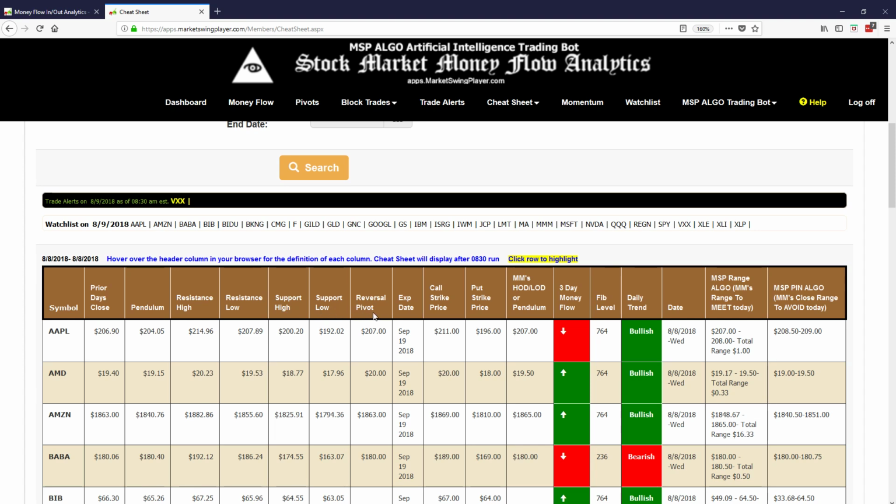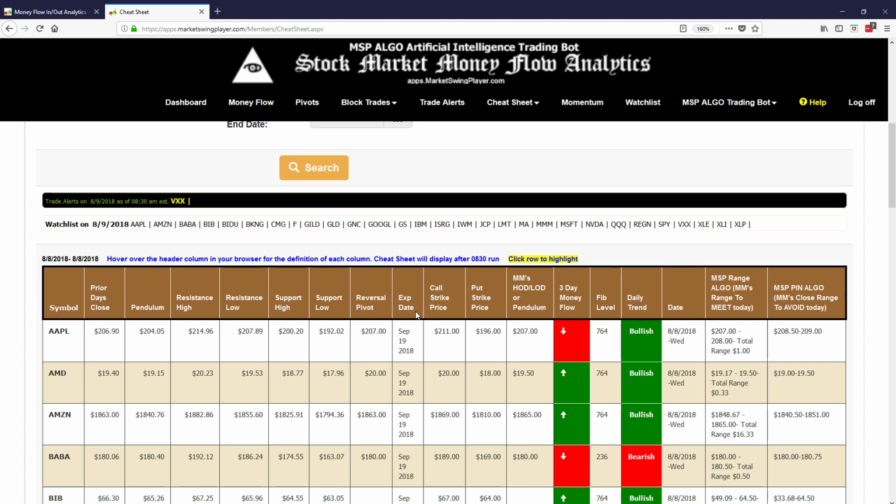We have the reversal pivot. Reversal pivot is an algorithm where, based on watching institutional investors and traders, we think their range for trading is and where price would reverse. It's pretty accurate.